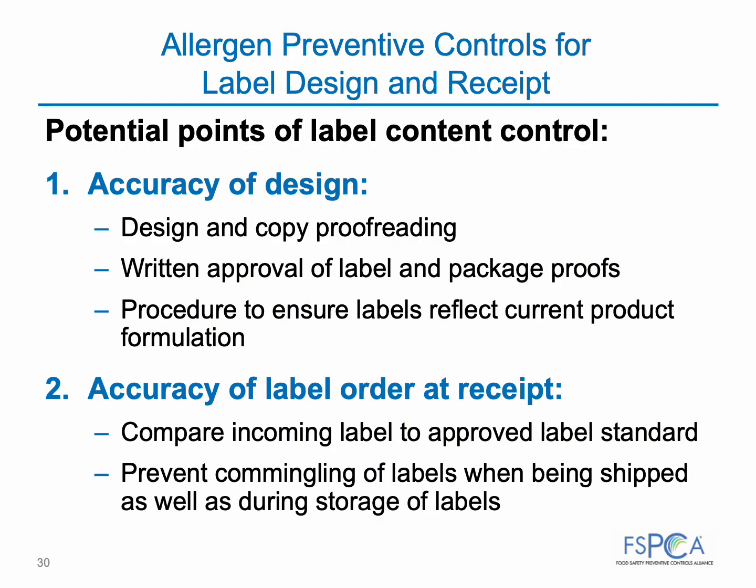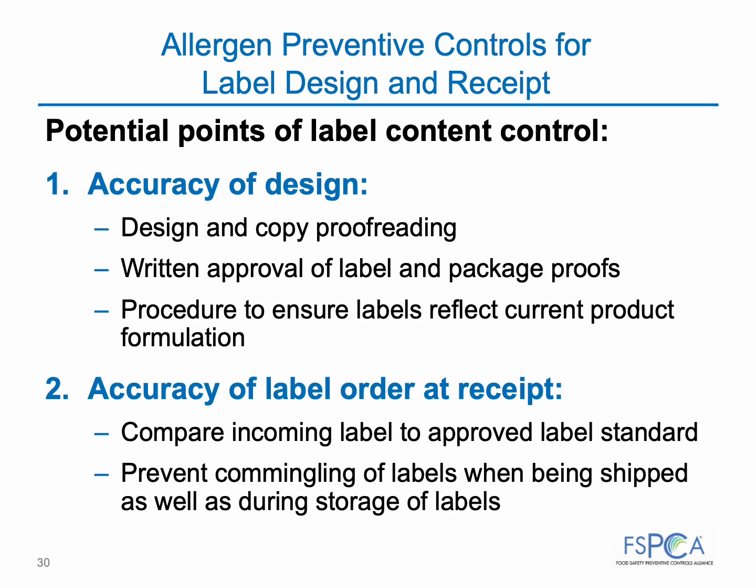This slide is a lead-in to the subsequent examples outlining specifics of different points where label content controls can be implemented. There are two primary aspects: designing the label so that it states the appropriate allergens, and checking the accuracy of the labels upon receipt or printing.